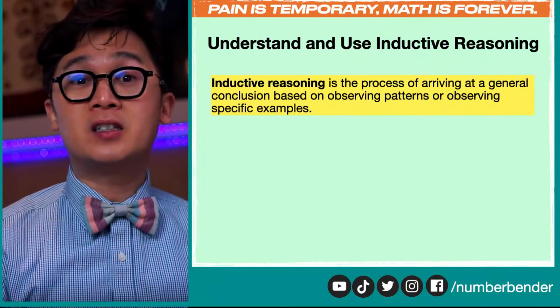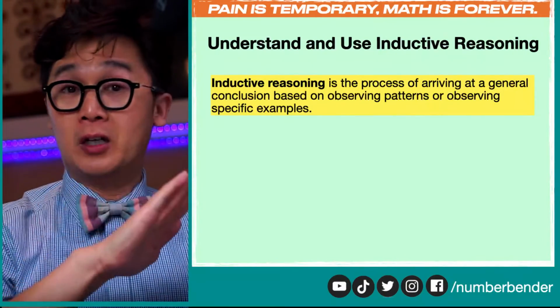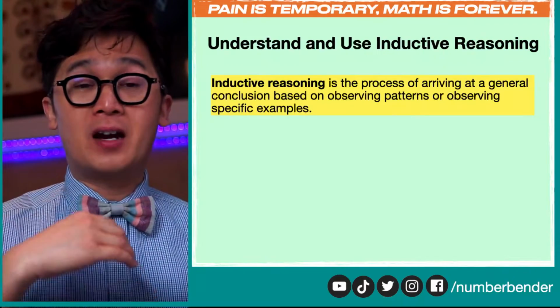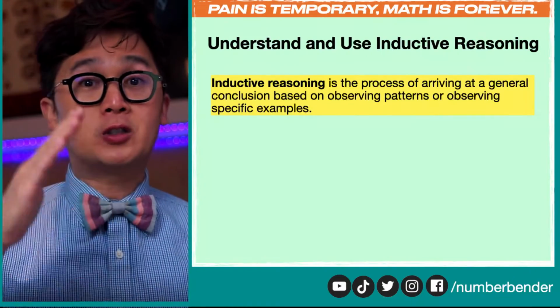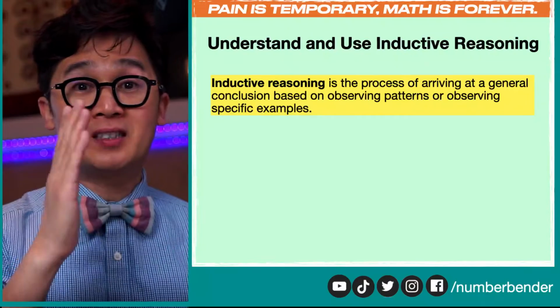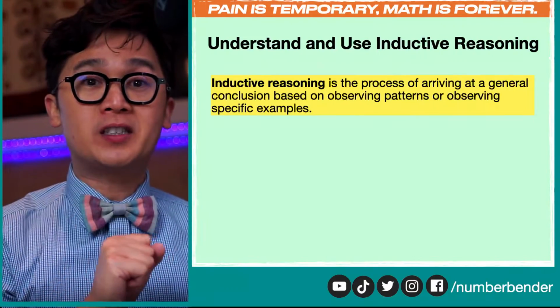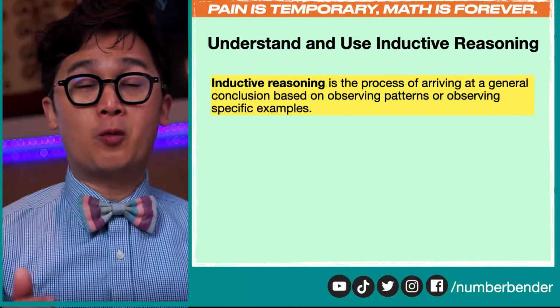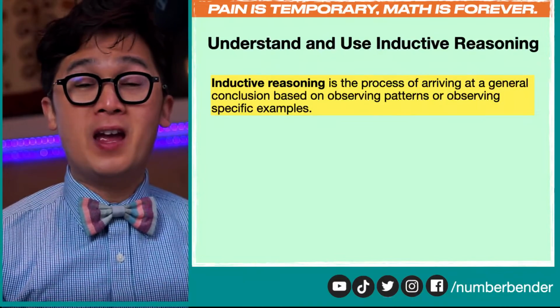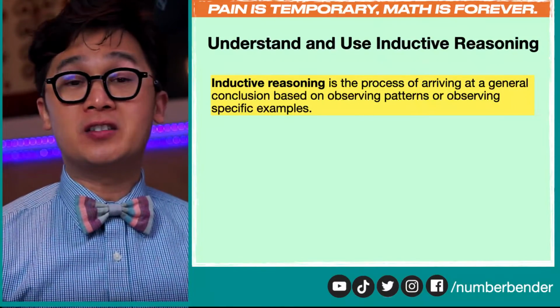We're looking at the pattern and we arrive at a conclusion that to go from the first term to the second term, we're using operations to come up with the correct numerical value. And that is what inductive reasoning is.